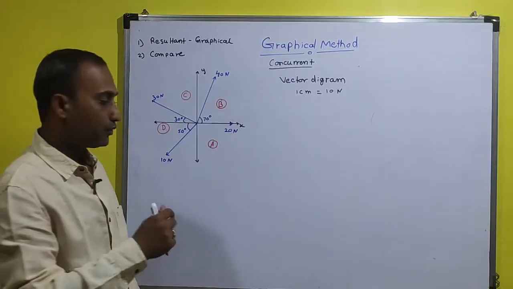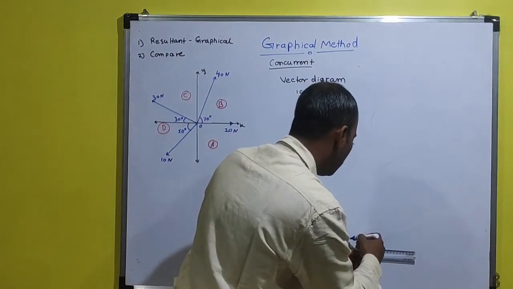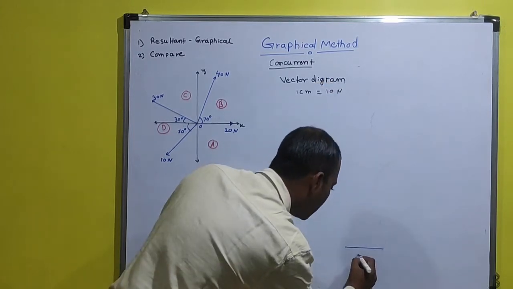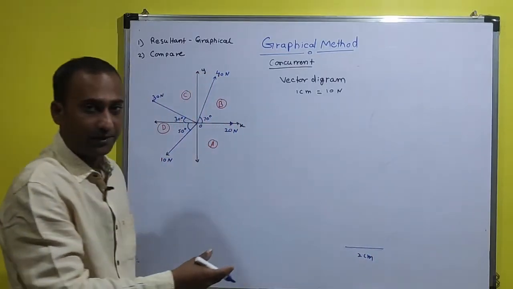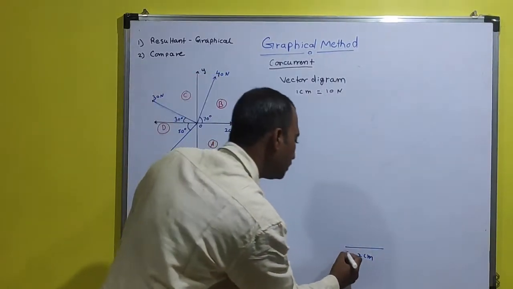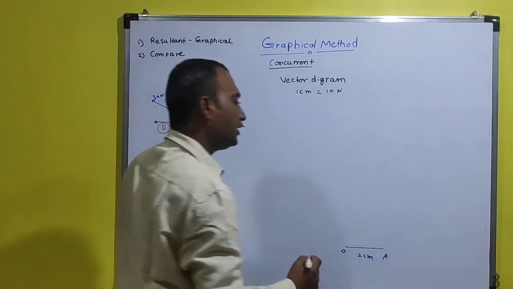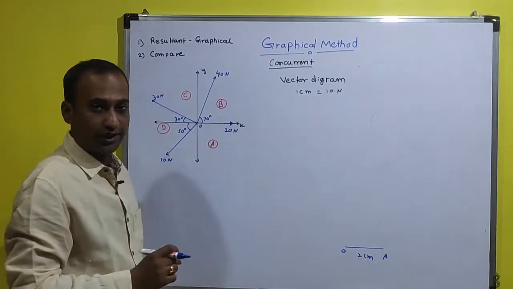So let's draw this 20 Newton force. This 20 Newton force we will draw over here. So consider this as 2 centimeter and we can represent this as OA. Then the next force will start where the first force ends.